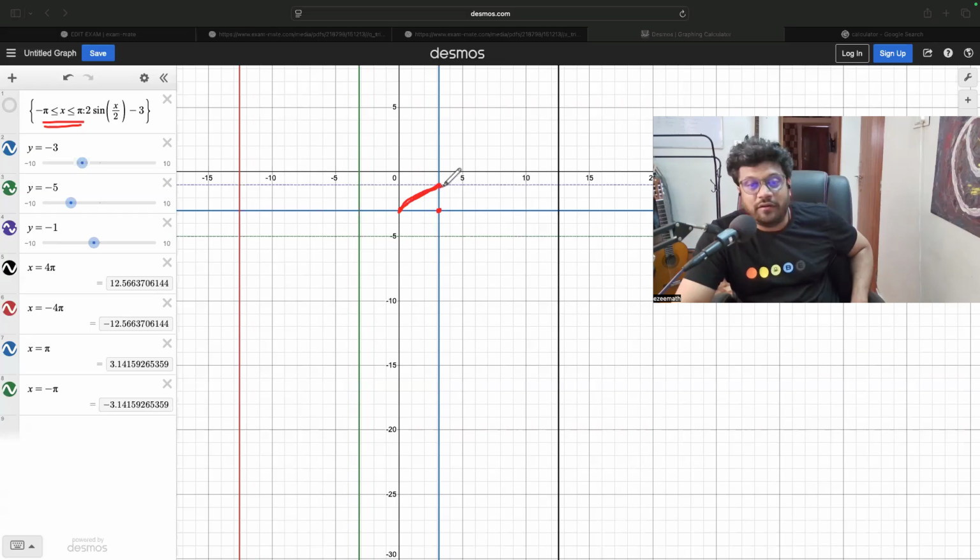It may have gone further to reach the principal axis at 2 pi, further to reach the lowermost point at 3 pi, and then back up to meet the principal axis at 4 pi. But these are not there anymore.